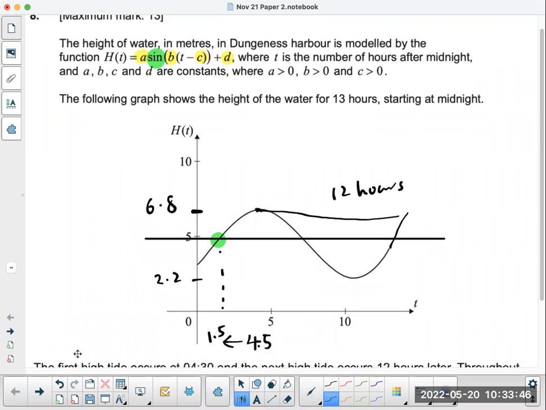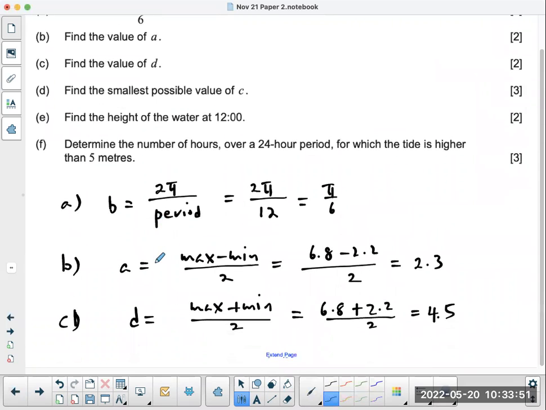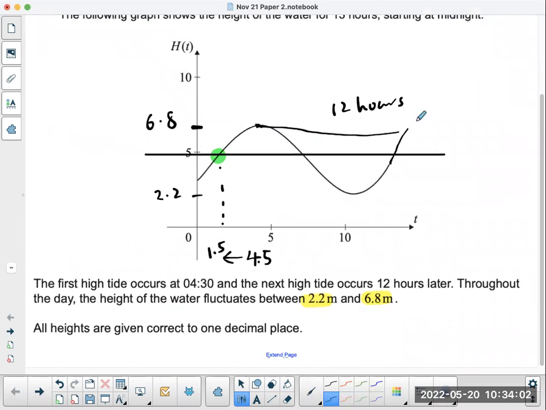So the C value is equal to 1.5 hours. Okay, let me go back again. One full cycle is 12 hours. That's top to top, a maximum to maximum, or middle to middle. Half a cycle is 6. That means to go from top to the middle, that's 3 hours. So 4.5 going back by 3 hours, you're going to get 1.5.